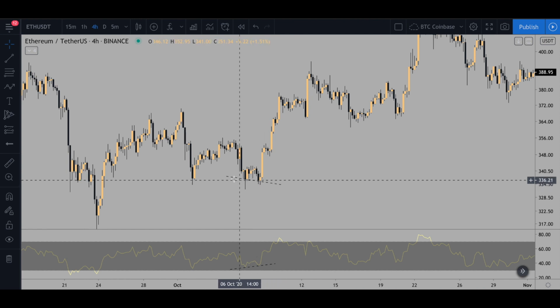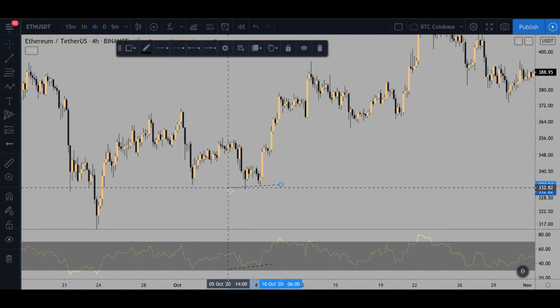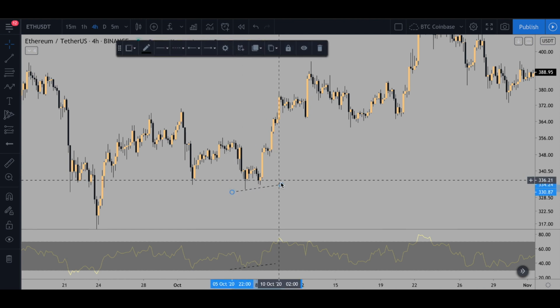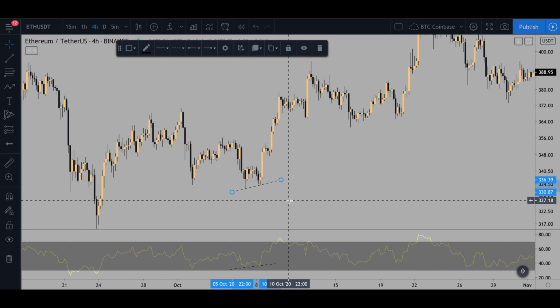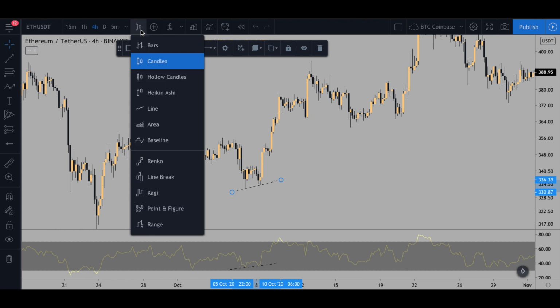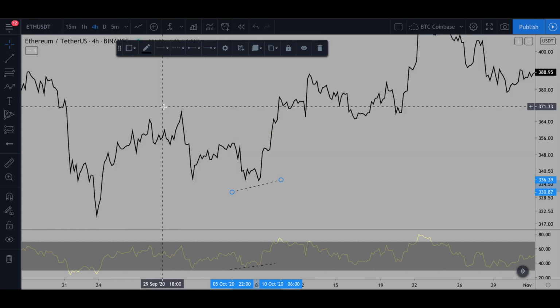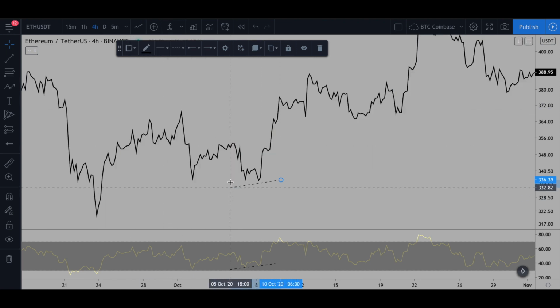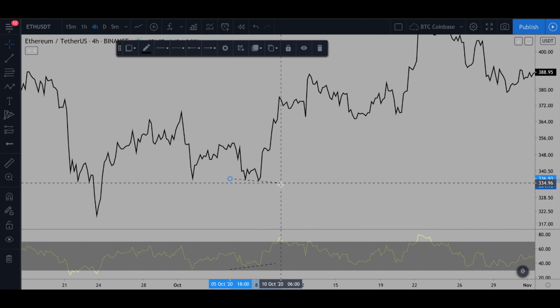Now, that's why I always get confused. If you would use the wicks here, you wouldn't have a divergence, right? But if you switch to lines like before, then we have one. So this just tells me that you should use bodies instead of wicks.